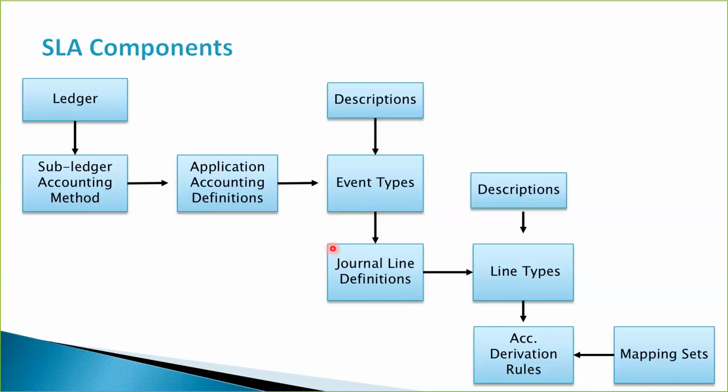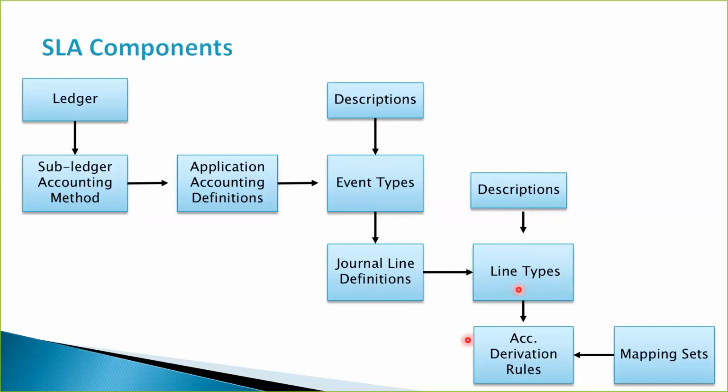Within the journal line definition, we will have line types, we'll have account derivation rules, and we'll also have descriptions. Line types dictate how the lines for the journal will be created. Line types are associated with descriptions because you can have a description for each line that is created in your journal.